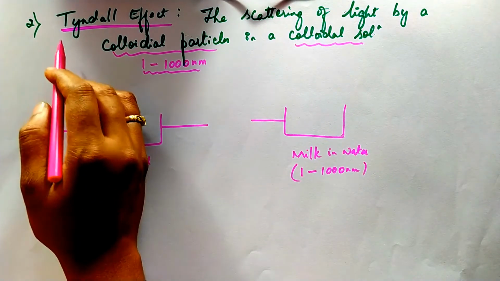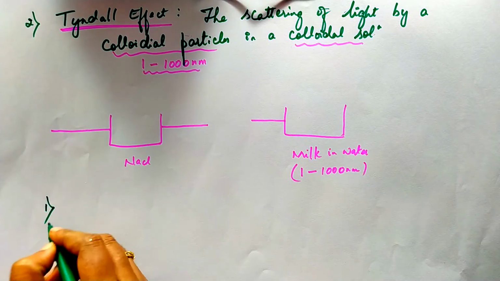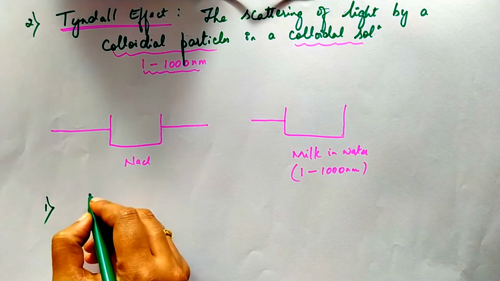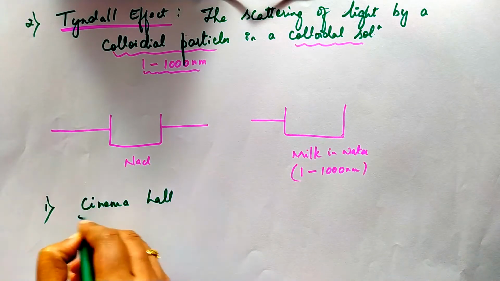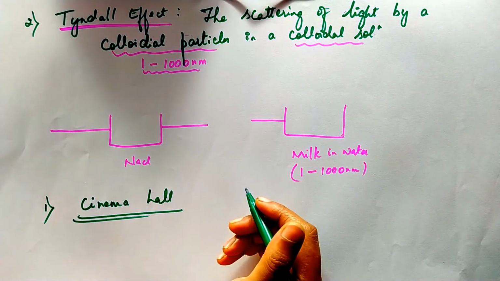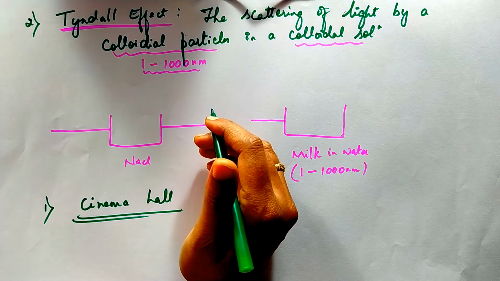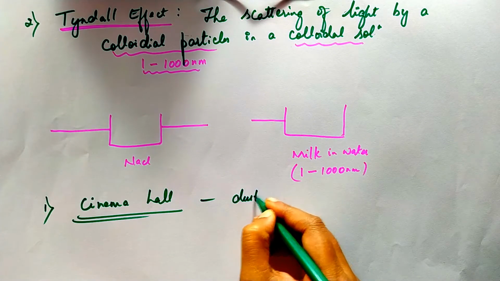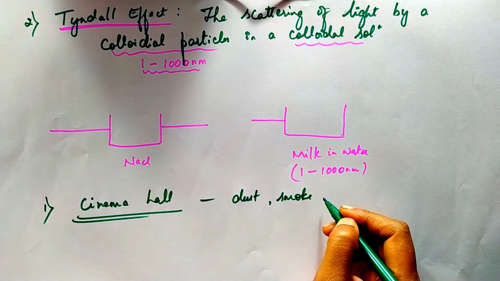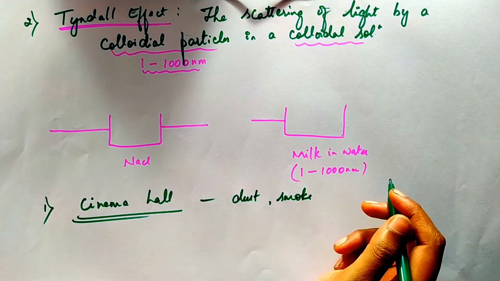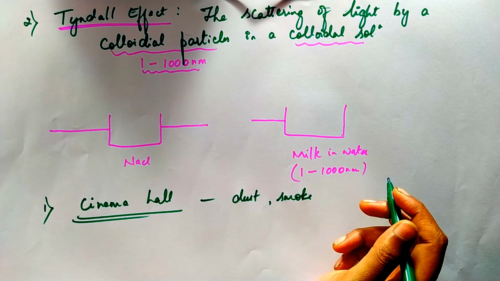Then where will you find this Tyndall effect in nature? You can observe this Tyndall effect in the cinema hall. In the cinema hall, you can observe the dust and smoke particles moving around us. These are colloidal particles, so you can observe the light scattered in the cinema hall.